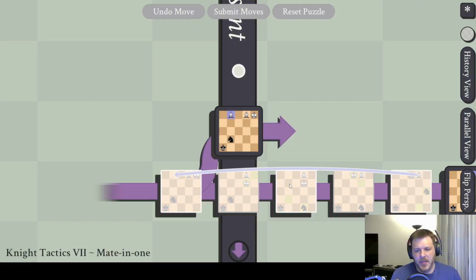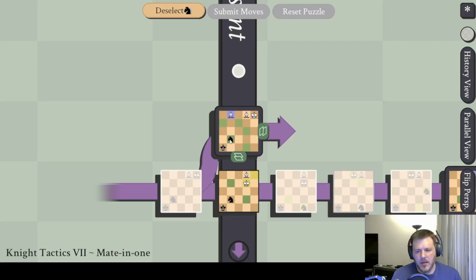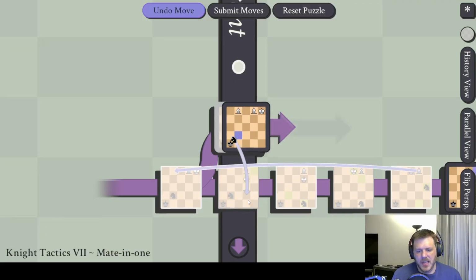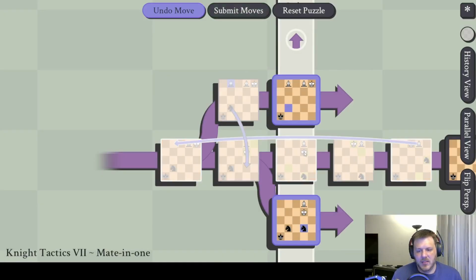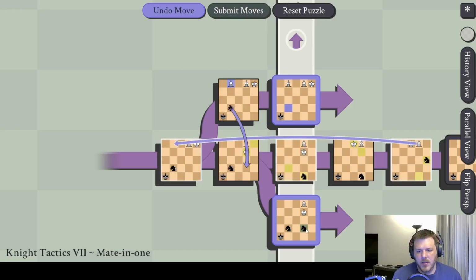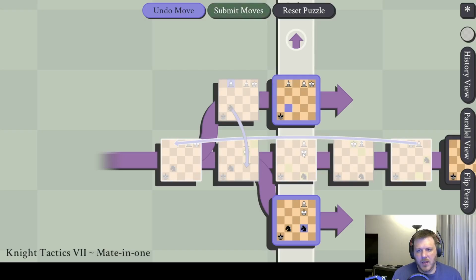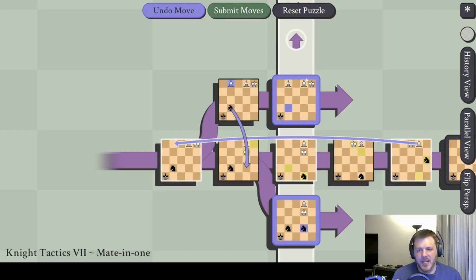It's attacked from here, from here. Let's take a look at this one again. So this one is attacking this one. We're attacking that king here, but he moves his bishop up and gets the checkmate in.